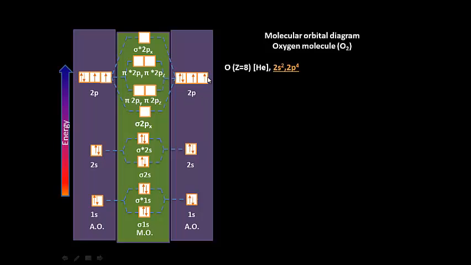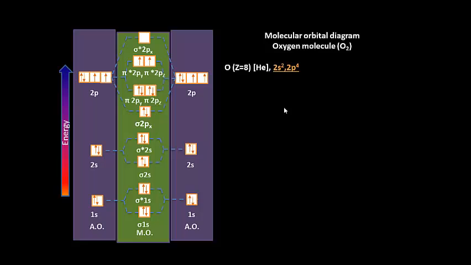These 8 electrons are occupied in sigma 2px, pi 2py and pi 2pz, a total of 6 electrons, and in the antibonding orbitals another 2 electrons in pi star 2py and pi star 2pz. All these 8 electrons are occupied in the bonding as well as antibonding orbitals.